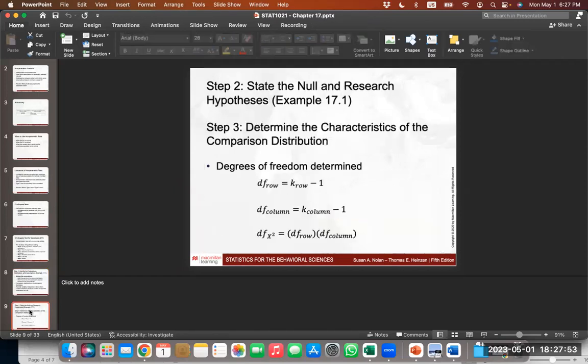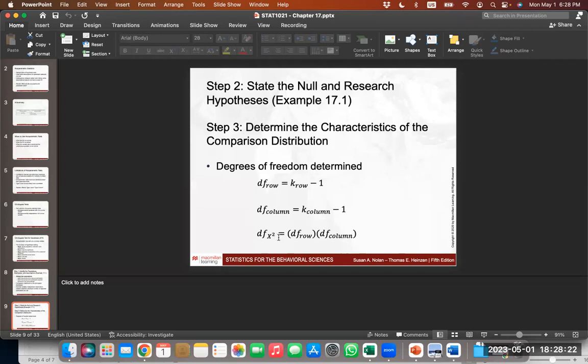So based on that, you would then quantify your degrees of freedom. You have degrees of freedom for the row, which is the number of rows minus 1. The degrees of freedom for column is the number of columns minus 1. And the degrees of freedom for chi-squared is df row multiplied by df column.